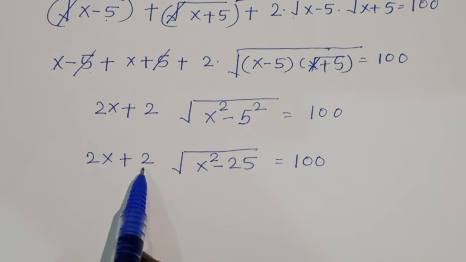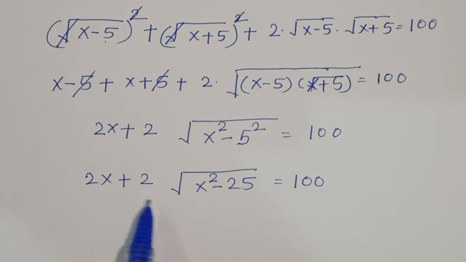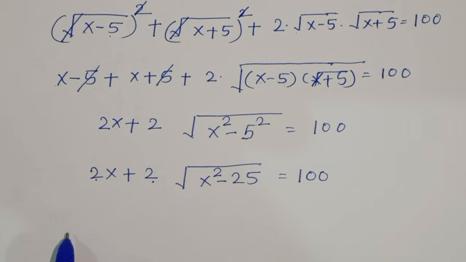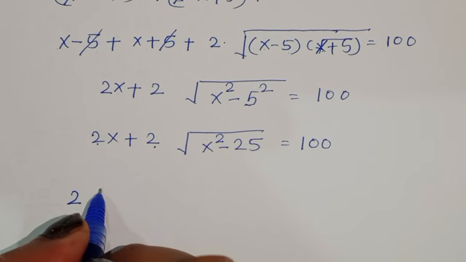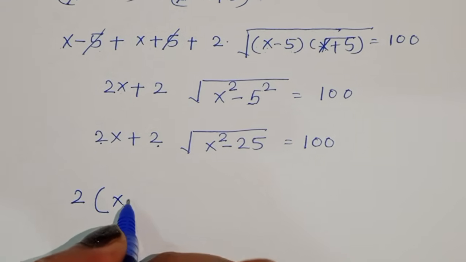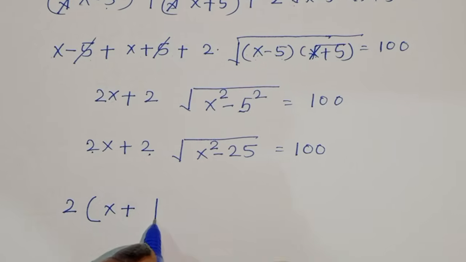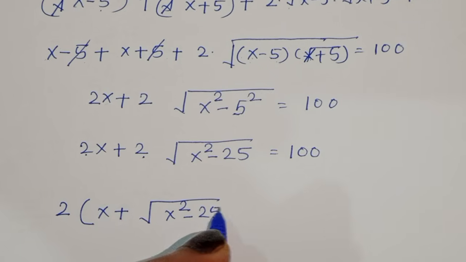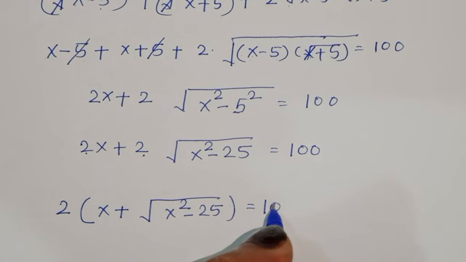Now here 2 is present in both terms, so we can take 2 common outside the bracket. It becomes 2 times x plus square root of x square minus 25 is equal to 100.